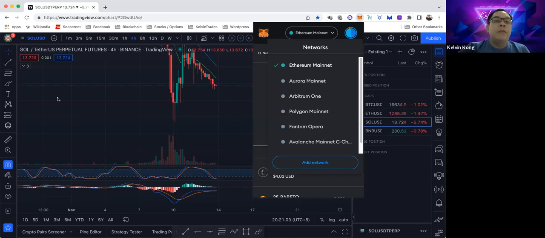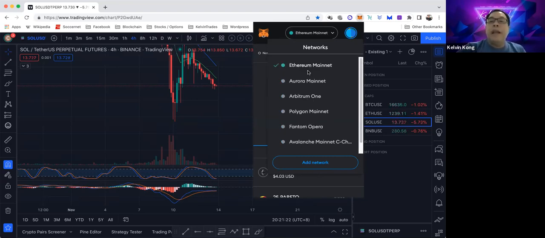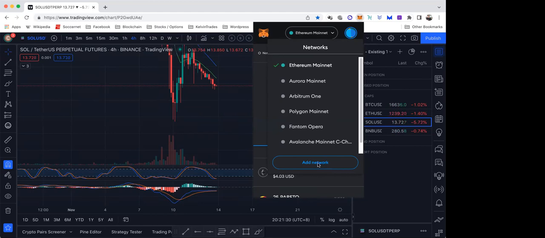You won't see the other networks, the other blockchains like Polygon, FTM, Aurora, Phantom, Avalanche. You need to add them in yourselves manually. How do you add? Very simple. Just click add network. Can you see this add network over here? Yes. Okay, just click add.